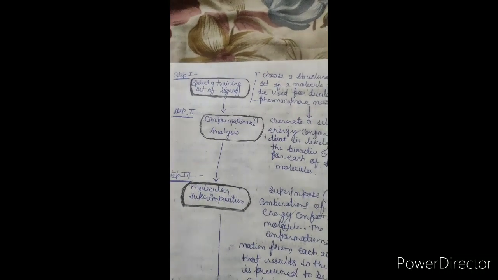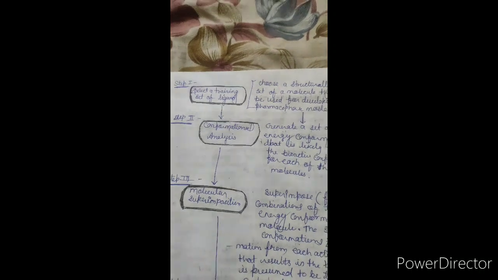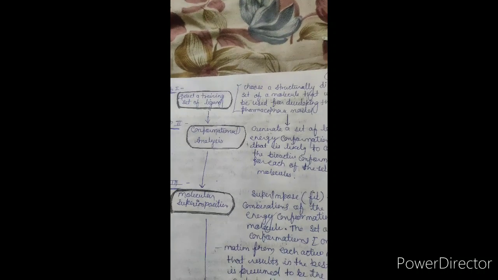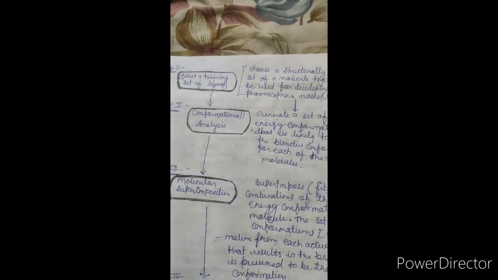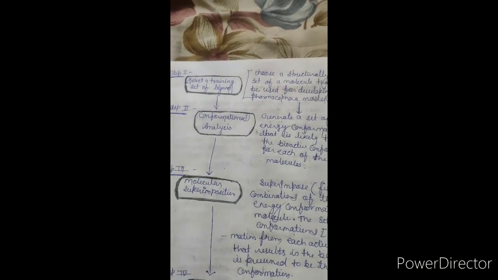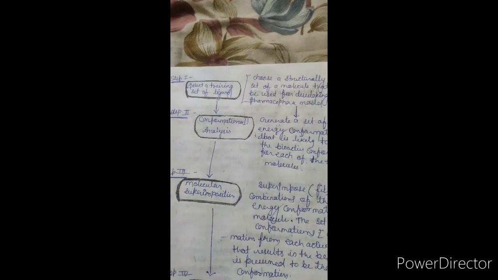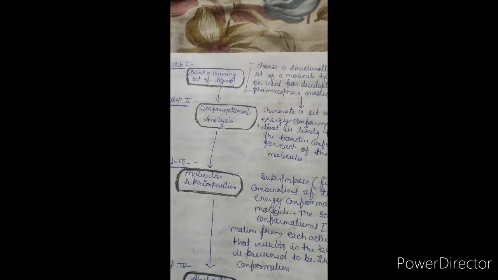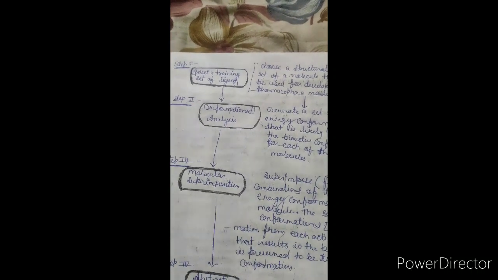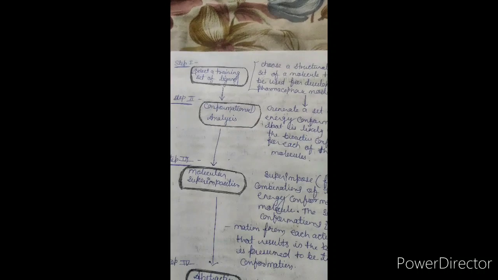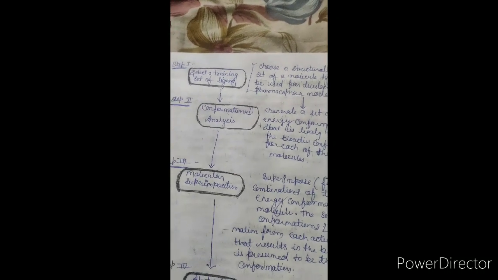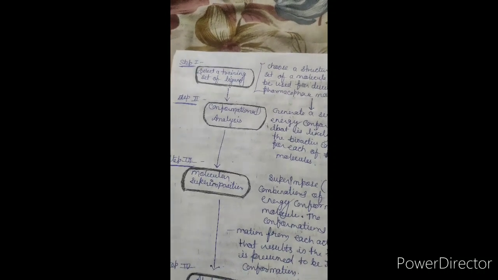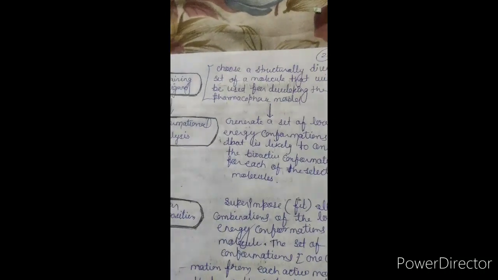So the first step is to select a training set of ligands. There are many varieties of ligands or drugs, many categories of drugs, like analgesic, antipyretic, antibiotic, anti-inflammatory, etc. So the first task for pharmacophore model development is selecting or choosing the desired ligand or drug moiety.